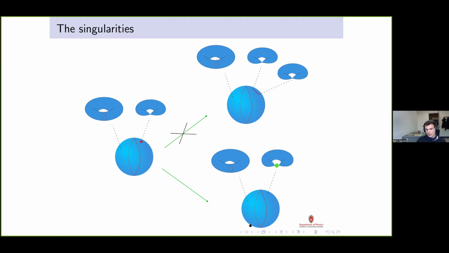However, there's a different thing we can do. In gauge theory language, this means going to the Coulomb branch. And in the geometry language, that means that we resolve the singularity not by moving apart the seven-branes, but by resolving the singularity in the fiber. In other words, we do a Kähler resolution.